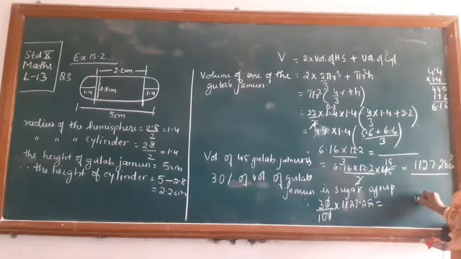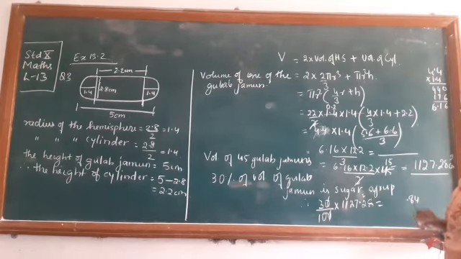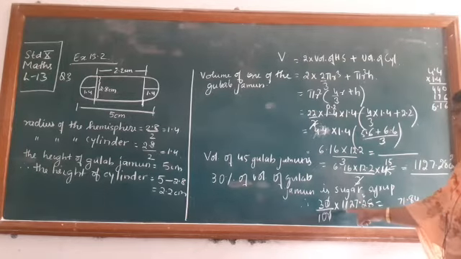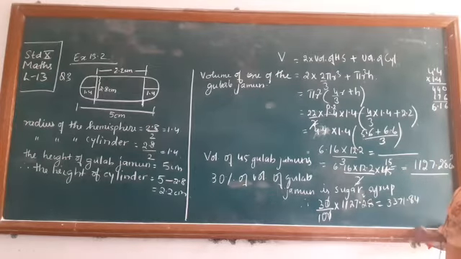3 8s are 24, 2, 3 2s are 6, 7, 8, okay. 7 3s are 21, 3 2s are 6, 7, 3 1s are 3, 3, okay, and by 10.